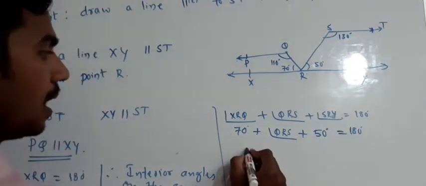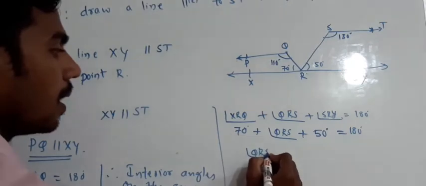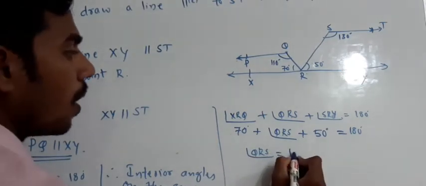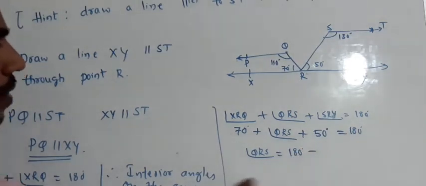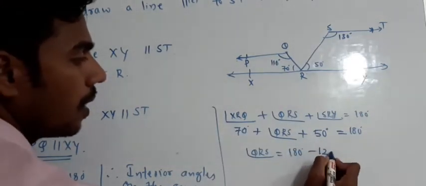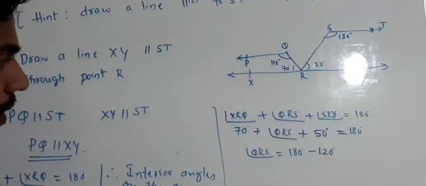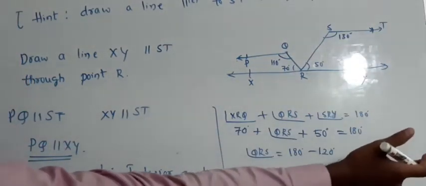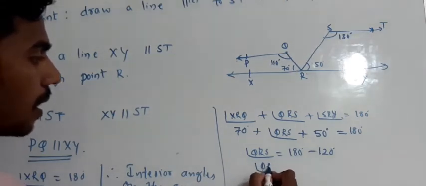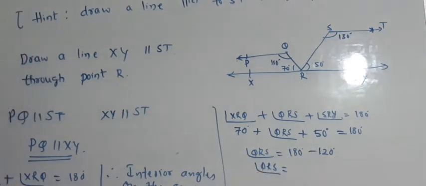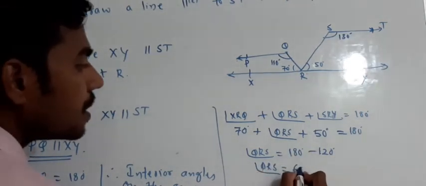Now, angle QRS is equal to 180 minus 70 plus 50, which is 120. When I transfer it to the right hand side, it will be minus 120. That is, QRS is equal to 180 minus 120, which is nothing but 60 degrees.